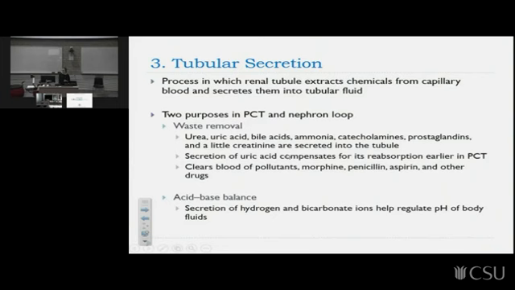Because uric acid is picked up in the proximal convoluted tubule, that first port of call after it comes out of the glomerulus and has been filtered, we then have to compensate for that action and pull it back into the urine stream later on through that nephron. So when you get to the nephron loop and then also the distal convoluted tubule, that's when we start to pull in more of those wastes that have been reabsorbed back into the bloodstream.